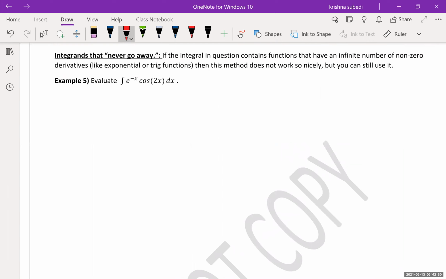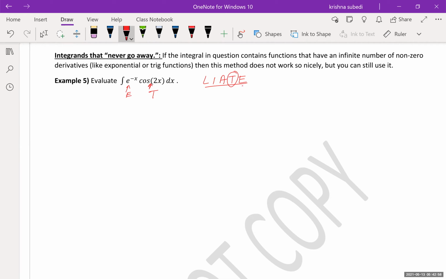So this is your exponential function, and this is your trigonometric function. Now, use the LIATE rule. In LIATE, T comes first.